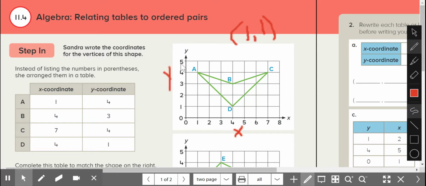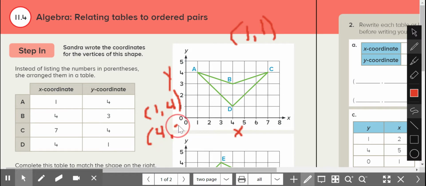You can see they've got them labeled right on the end of this arrow. So if we were to find where A is, and it says 1 and 4, we can verify that by going over 1, up 4, and then we can write it like this: 1, 4 in parentheses. Inside parentheses, B is found at 4, 3.